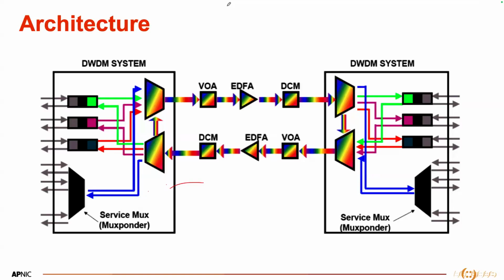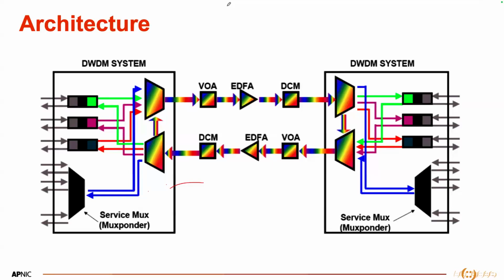To amplify the signals we use amplifiers or boosters, depending on the transmission or receiving side. At a transmitting or receiving station there will be a client facing card, a line facing card, amplifiers, boosters, and a multiplexer and demultiplexer.